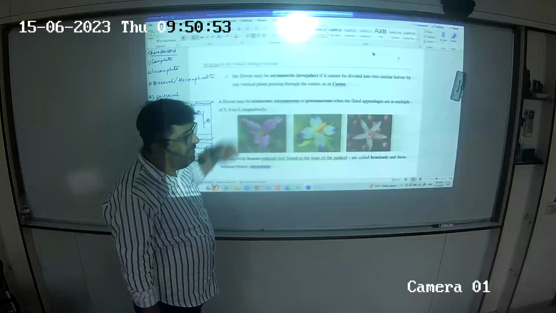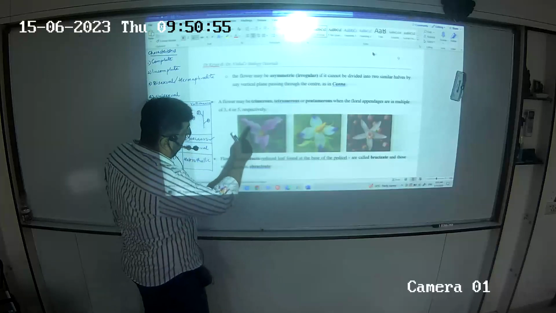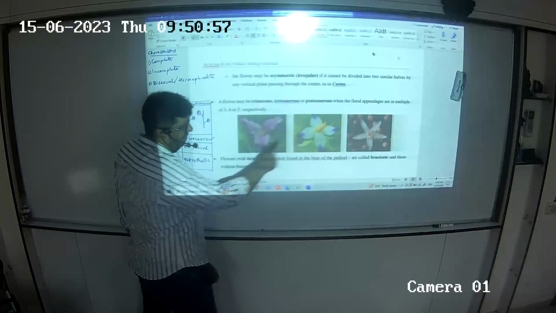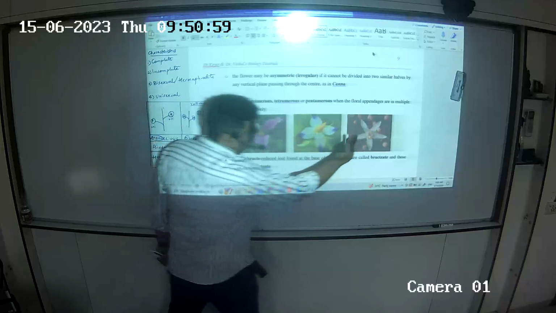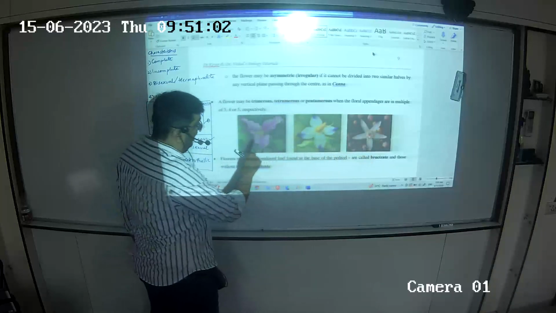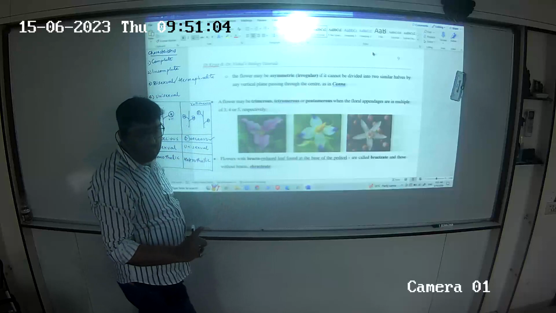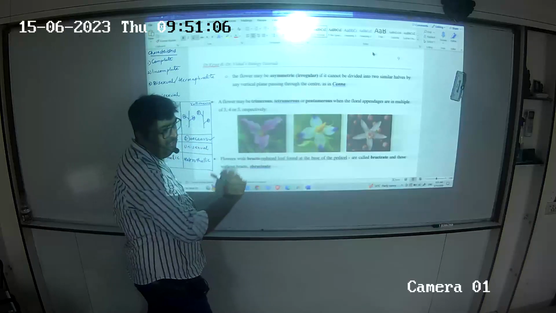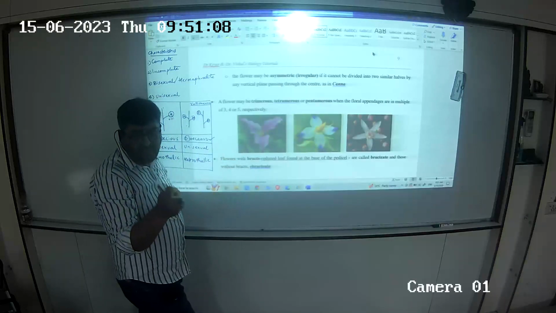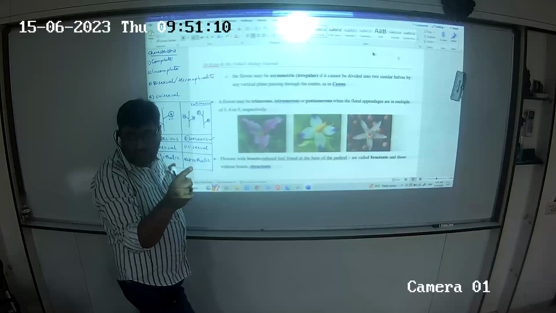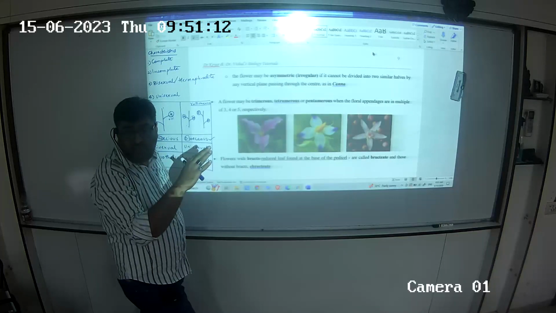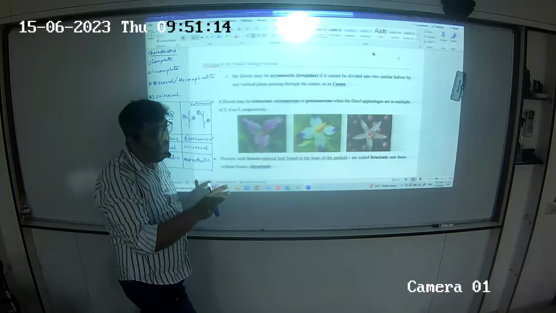Now a special condition. Can you see a flower having 3 petals here? 4, 5. Right? Now there could be a condition where a flower has 3 sepals, 3 petals, 3 stamens, 3 carpels, meaning all the floral whorls are equal in number.